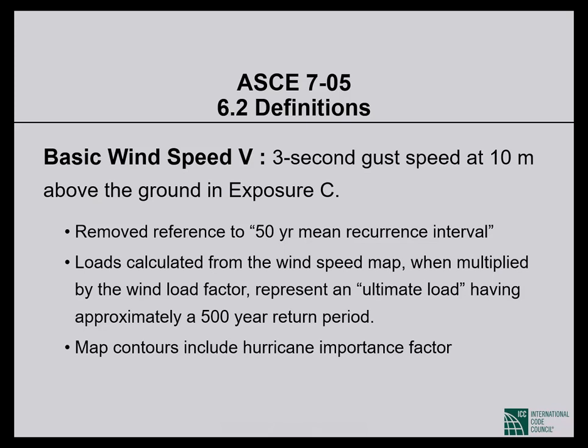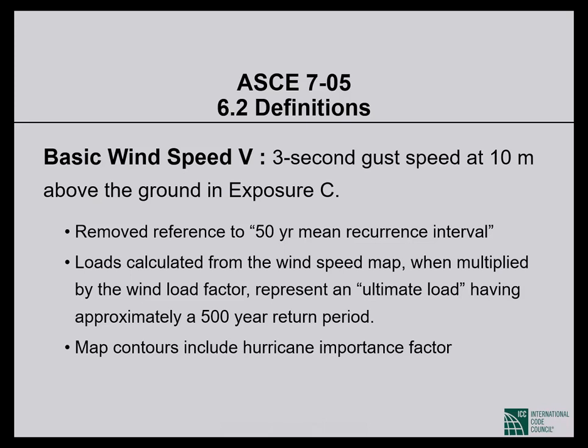ASCE 7-05 says loads calculated from the wind speed map when multiplied by the wind load factor represent an ultimate load having approximately a 500-year return period. So that's what ASCE 7-05 defined as the basic wind speed, something that resulted in a 500-year return period ultimate wind load.